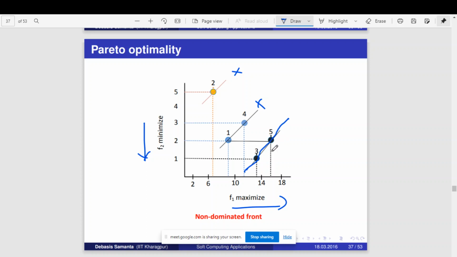Now can I improve 5? I can make it 3. Of course, this is improvement with respect to which function? But it is degrading with respect to which function? Okay, so these two are what solution? These two are Pareto optimal solutions. So this line is called the Pareto optimal front.